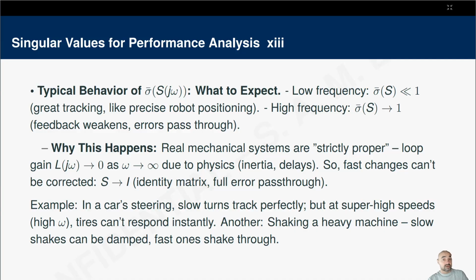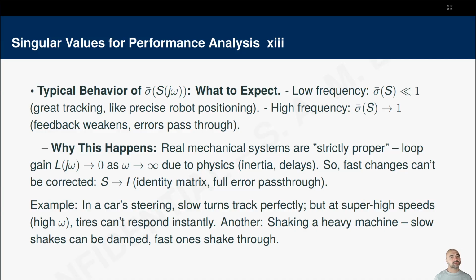Even slow turns are hard at super high speed because tires can't respond instantly. Another example, shaking a heavy machine: slow shakes can be damped, but fast ones go through the system.